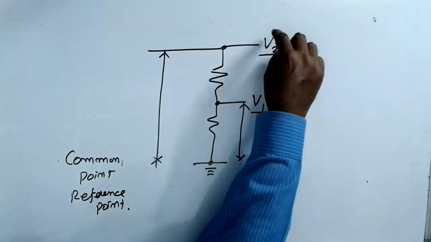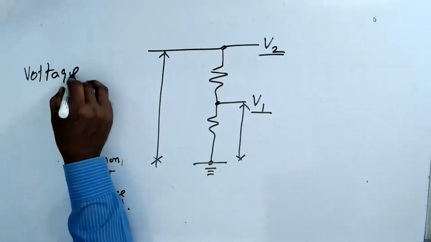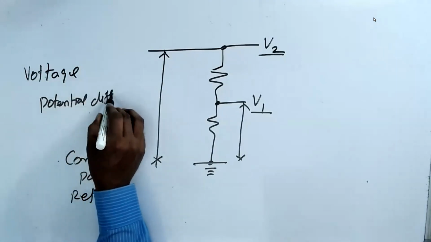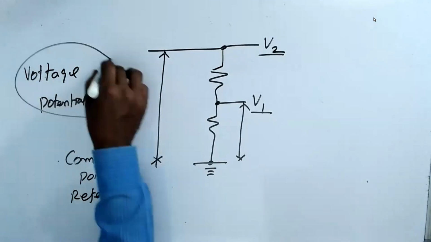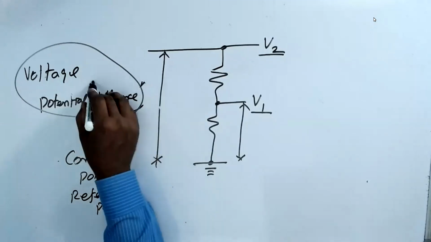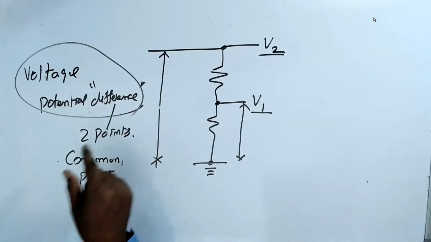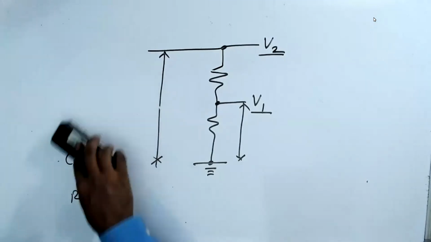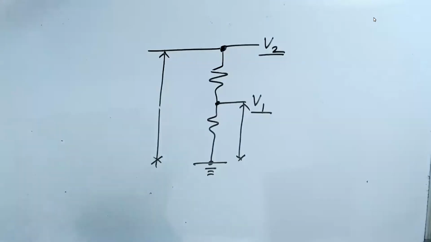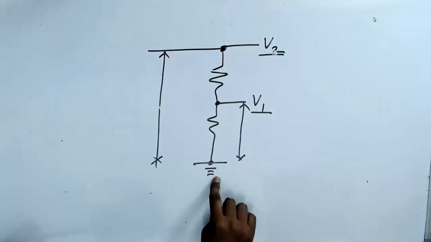You know that voltage is potential difference. Difference is very important. If I say difference, there should be two points. So how do I make a voltage at a single point? In your circuit, if you make a single point voltage, the other point is the ground.